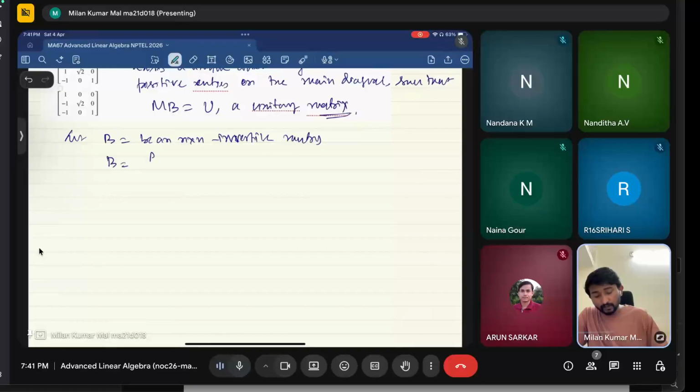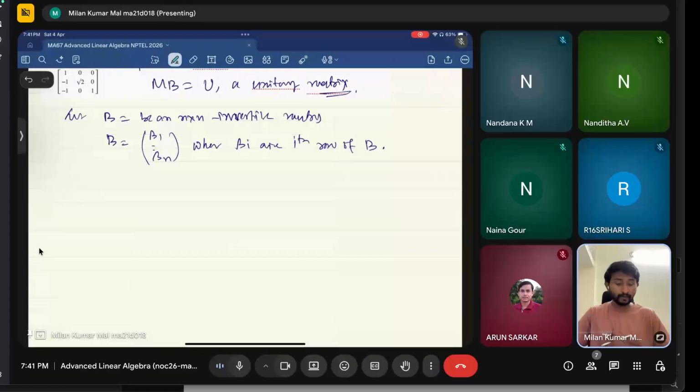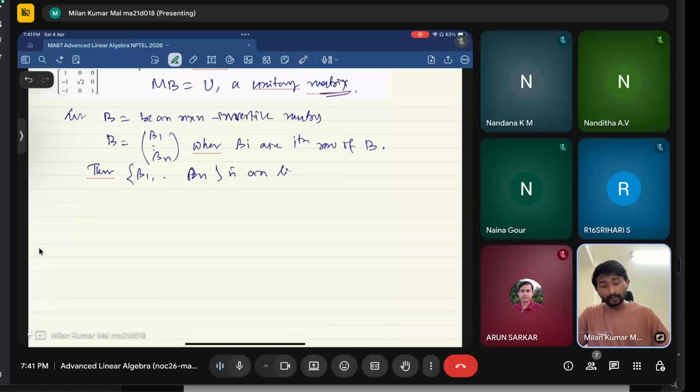That means B has rows beta 1 all the way to beta n, where beta i is the ith row of B. Suppose you have a matrix B, we consider each row: the first row is beta 1, the second row is beta 2, and that way you get all the rows of the matrix B. Then beta 1 all the way to beta n are elements in Cn, or in Fn, and they form a linearly independent set.